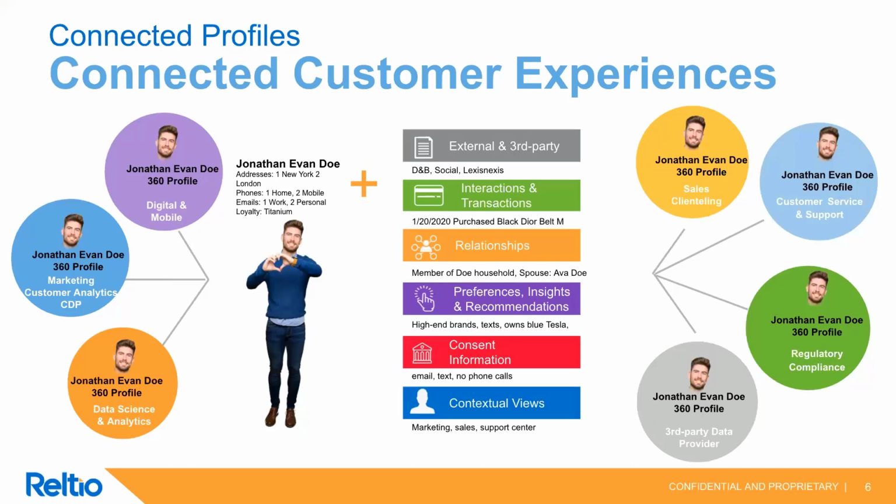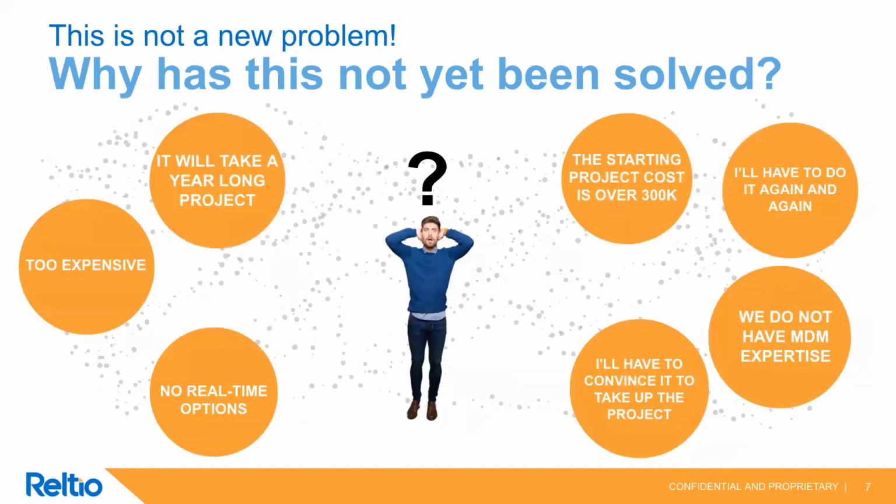I expect, and we all expect this, just as table stakes capabilities. Unfortunately, though, this is obviously a problem that has not yet been solved, because we experience this as customers every single day when we're trying to do business out there.